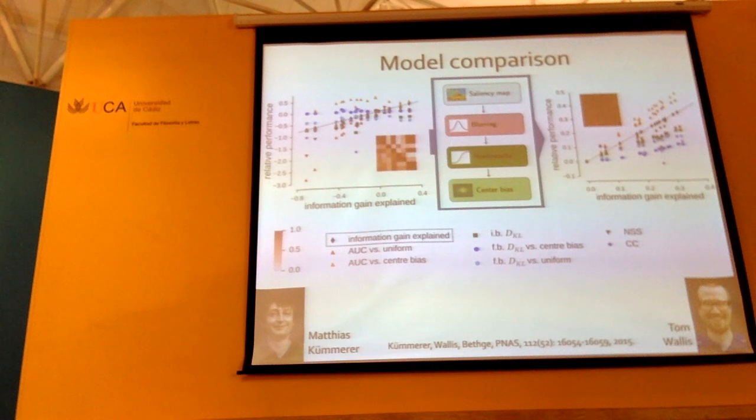So we retrained the existing models by adjusting the scale. And after we do that, actually all these different measures become proportional to our information gain, which is very nice. Okay, and so here's the correlation matrix. So it's 0.9.